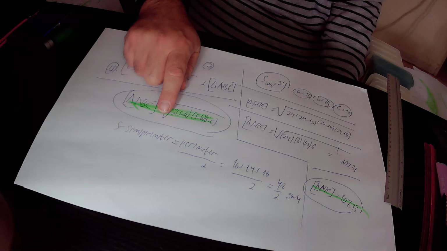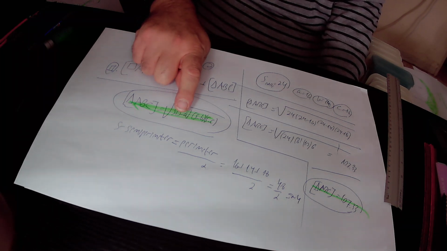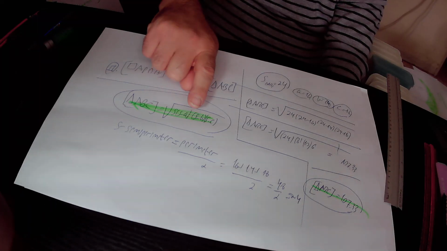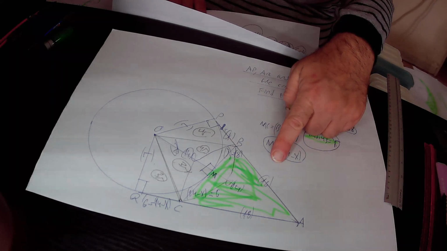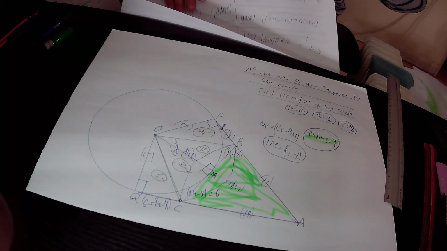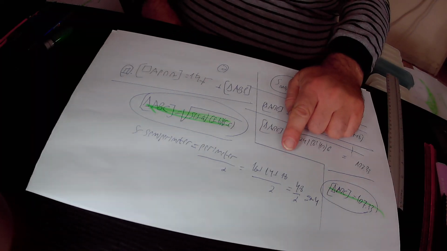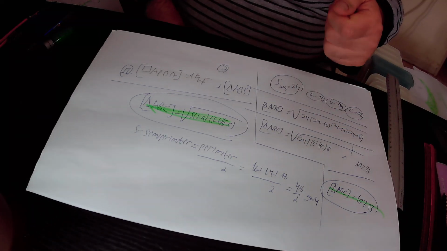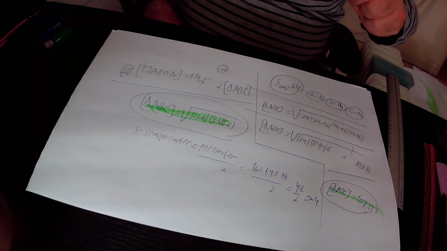What is the semi-perimeter? The semi-perimeter is the perimeter over 2. And the perimeter of any triangle equals the sum of the three side lengths of the triangle. In our case, triangle ABC, it is 16 plus 14 plus 18. If we want the semi-perimeter, we have to divide the perimeter by 2.